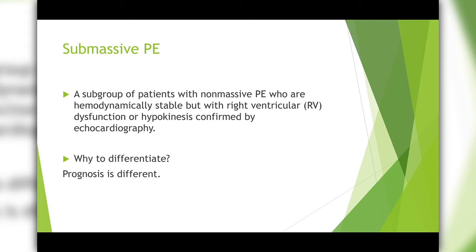The prognosis and management is different in massive PE and submassive PE. The spectrum includes massive pulmonary embolism, submassive pulmonary embolism, and a pulmonary embolism without hypotension and normal right ventricle.